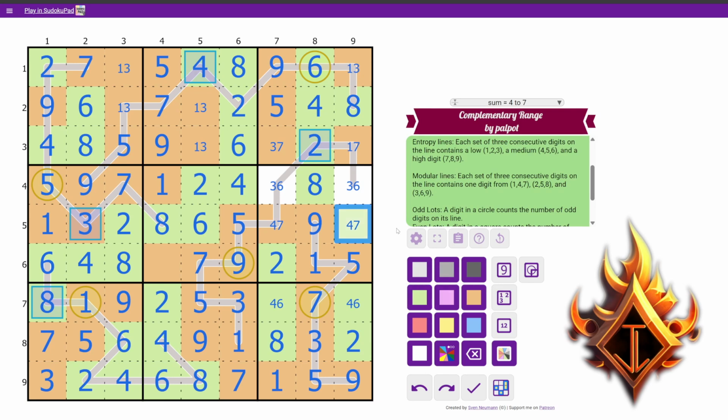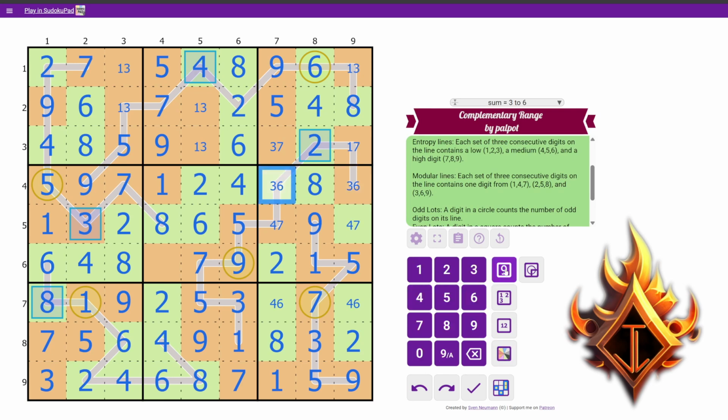So that one will be even. It will be the 4. And then that one will be odd, and that one will be even. Okay, now if I didn't make a goof earlier up here, then it should be good.